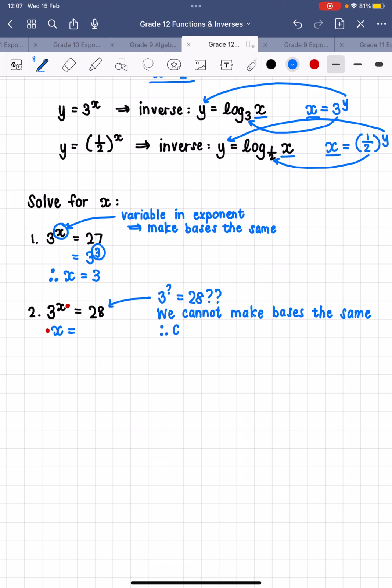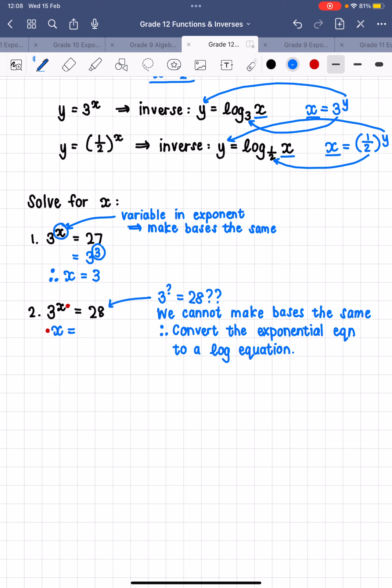So therefore, convert the exponential equation to a log equation. All right, and then we're going to be able to solve this equation simply by using our calculator.